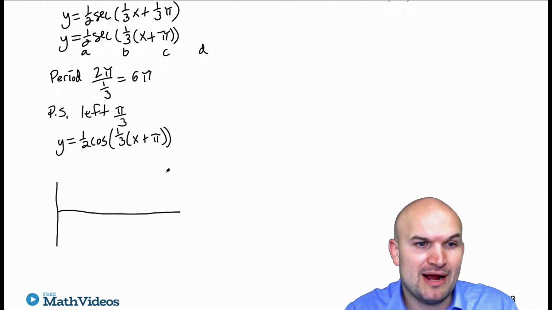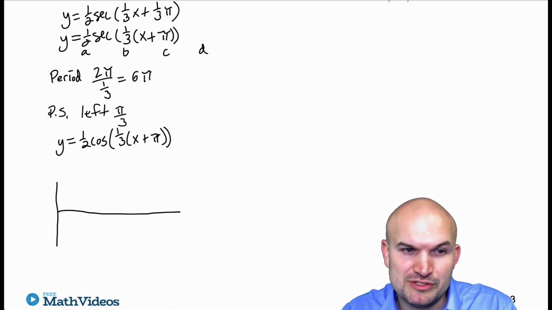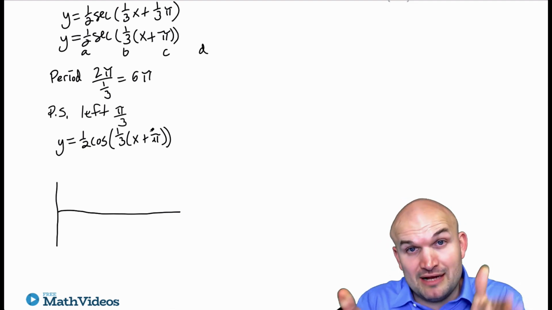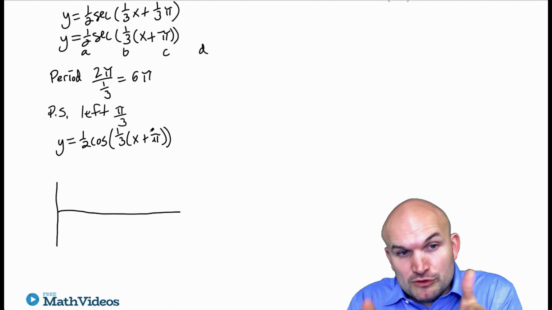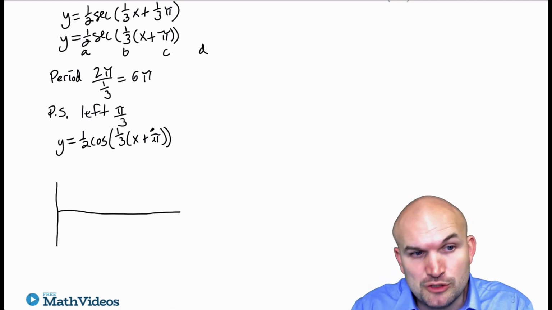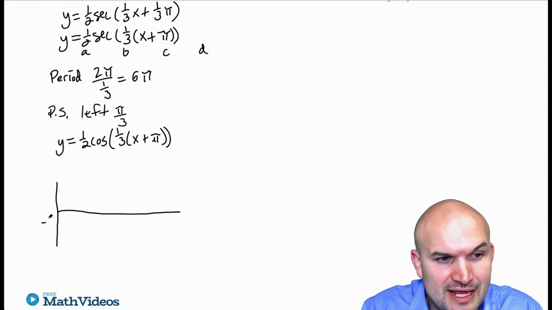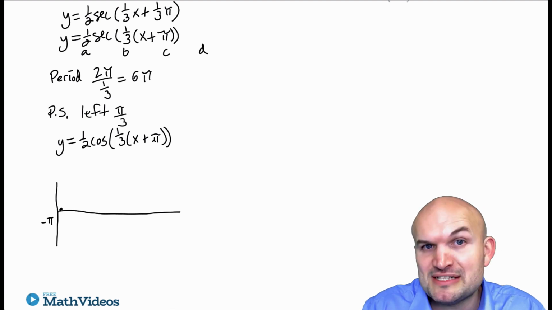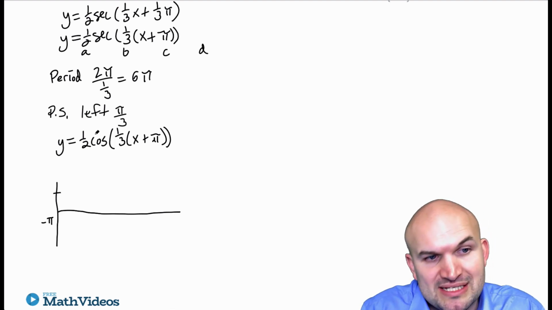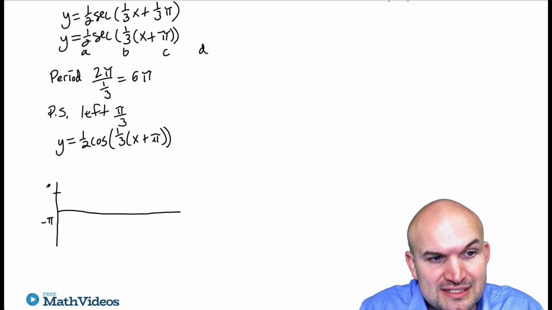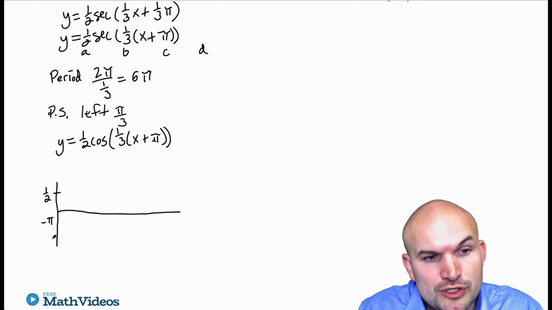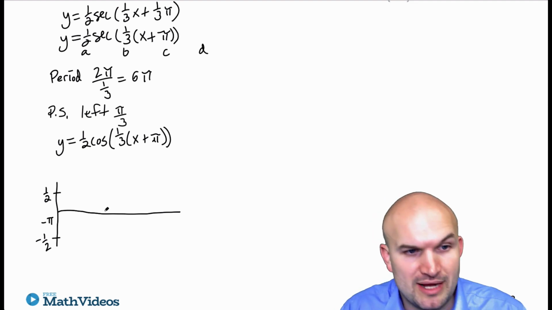I know this graph is going to be shifted pi units to the left, right? And remember the cosine starts at 0. So if you're shifting it pi units to the left, the initial period is now going to start at negative pi. So I'm just going to say that's my starting point. And based on the 1/2, that's going to be my amplitude. With no vertical transformations, this graph is going to go as high as 1/2 and as low as negative 1/2.